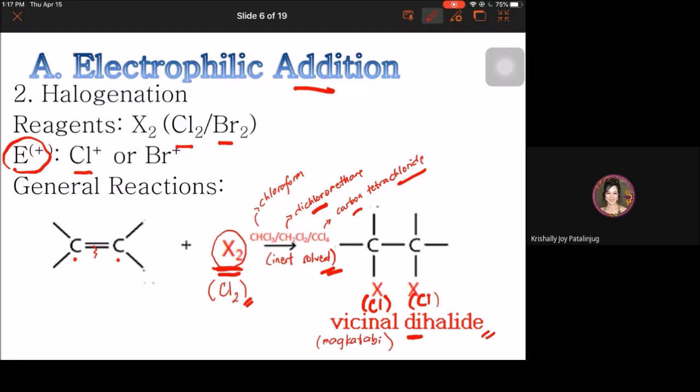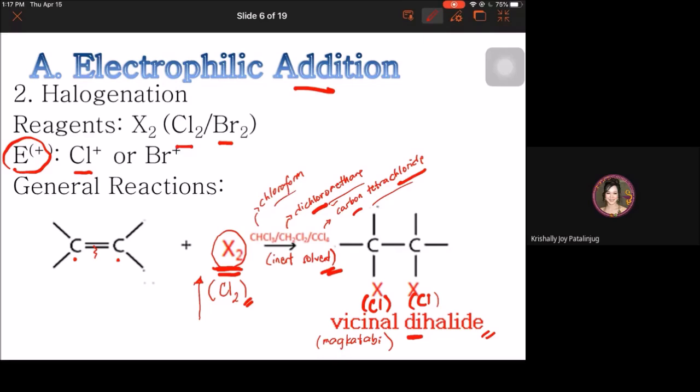So again, a dihalide is the product when the inert solvent used is chloroform, dichloromethane, or carbon tetrachloride. Because again, they support the halogenation reaction process. Particularly, they enhance the concentration of the halogen being added.